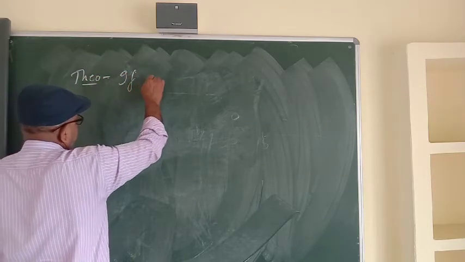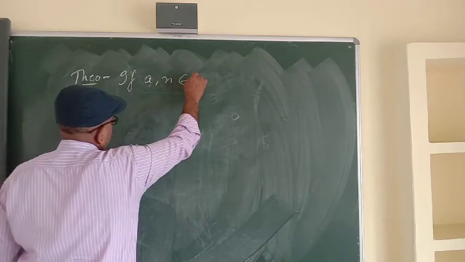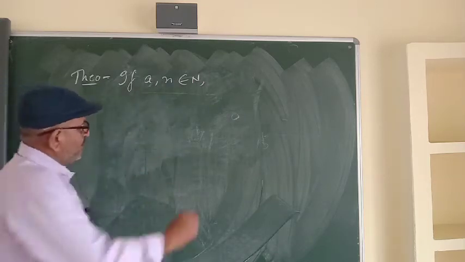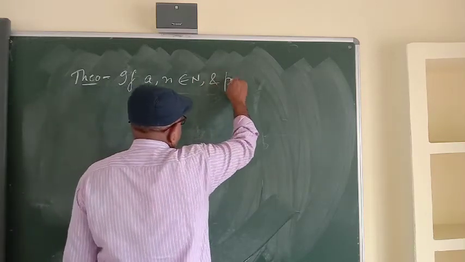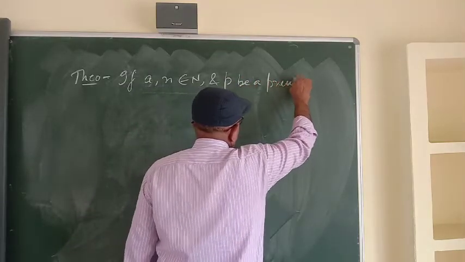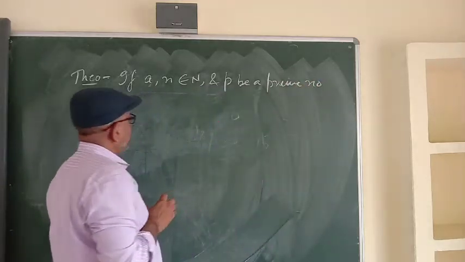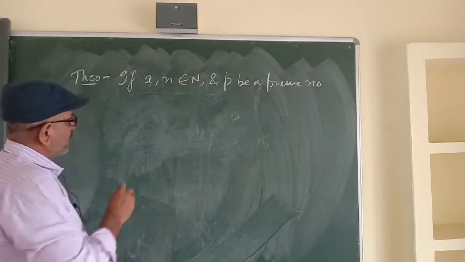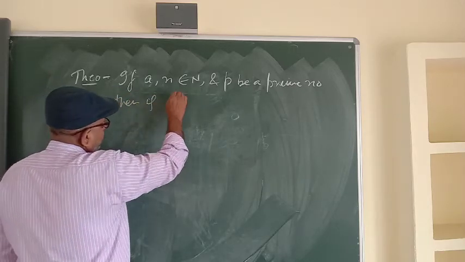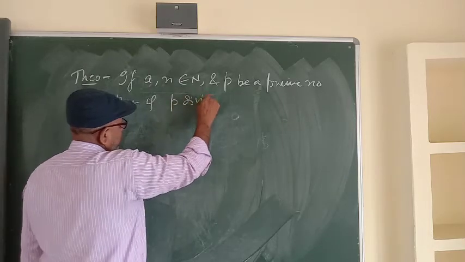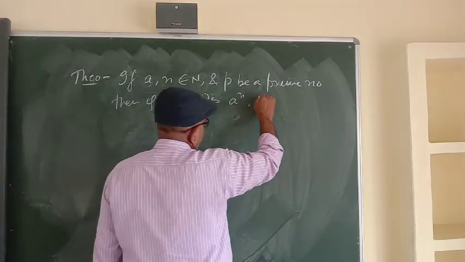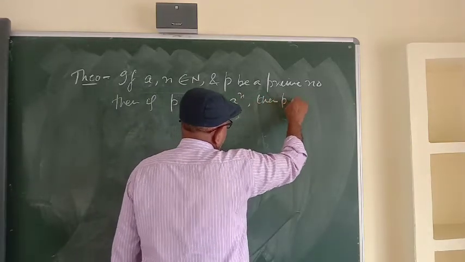If a and n belong to the natural numbers and p is a prime number, then if p divides a to the power n, then p divides a.